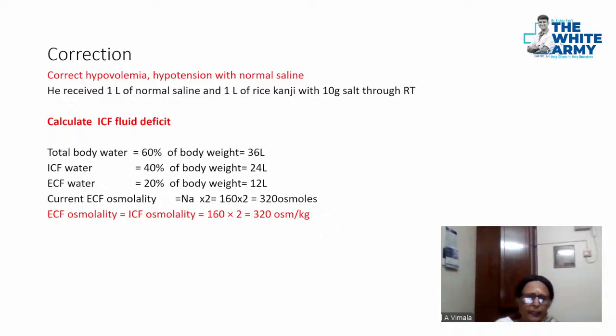This patient had a sodium of 160. So the ECF osmolality calculated based on the sodium alone is 320 osmoles. We also said that the cells and ECF cannot have a different osmolality. So the ECF osmolality should be equal to the ICF osmolality, which is 160 into 2, that is 320.